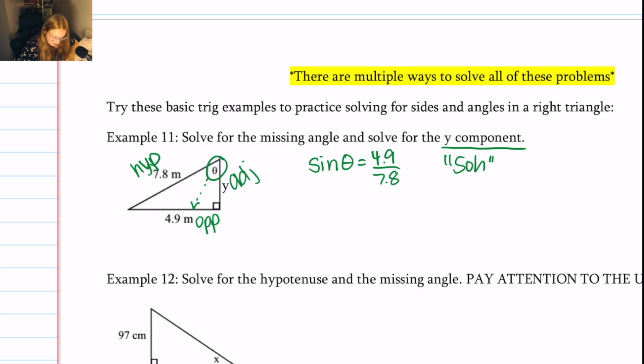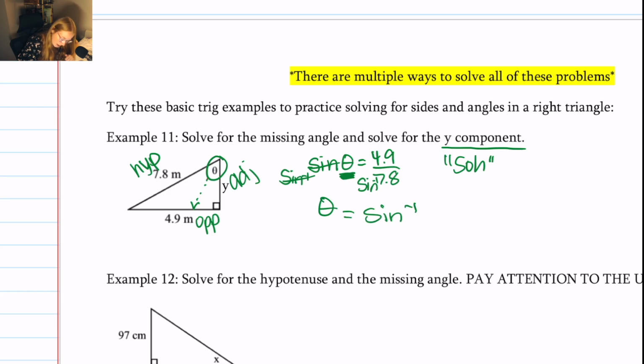So we have opposite, then hypotenuse. Okay. Now the missing variable I need is that theta. That's what I don't know. And so I need to get that by itself. I need to move the sine over. To move sine to the other side, you're going to take the inverse of sine on both sides. Gets rid of it on the left.